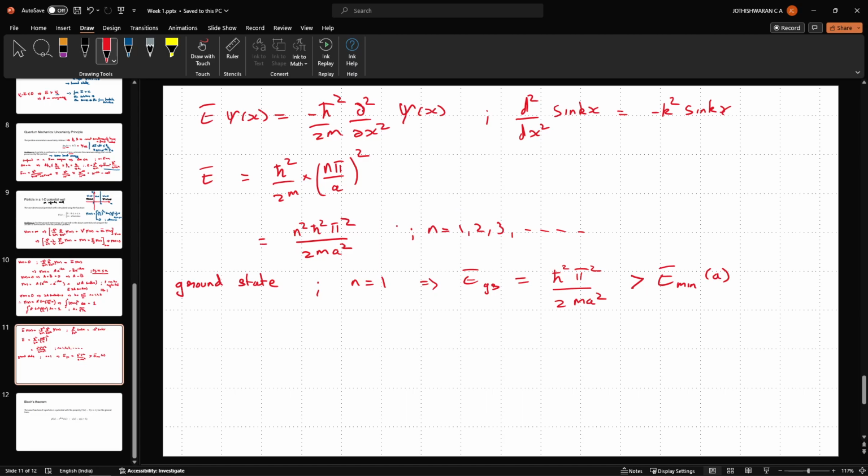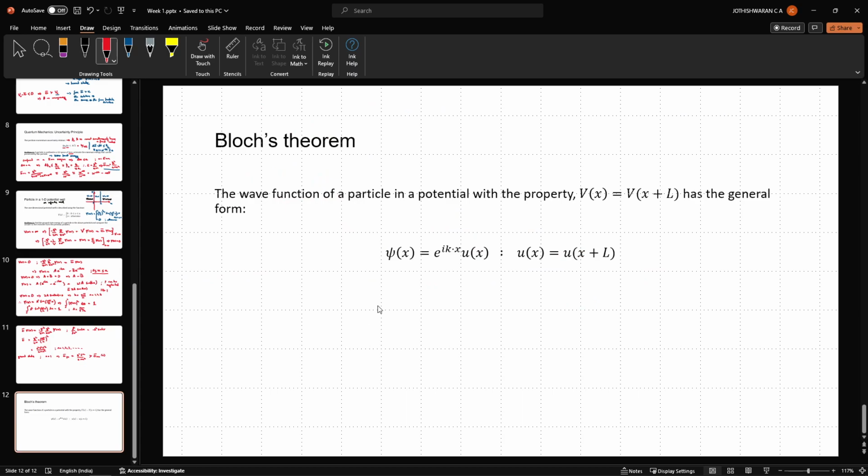So what we will have is around 1/10 of an electron volt is typically what the energy values we will observe in a short channel device where the length is in the order of nanometers. So this exercise was to show that. And with that, we come to the final exercise, or rather the final problem that we shall be considering, which is the Bloch's theorem.